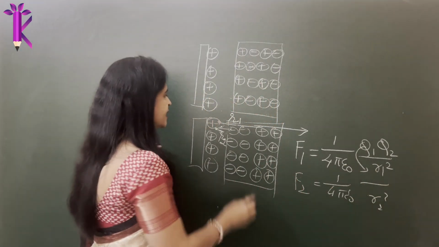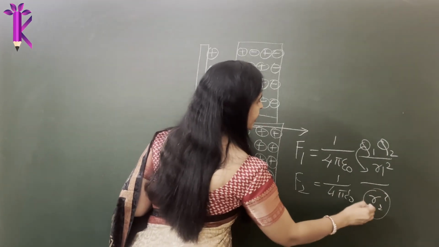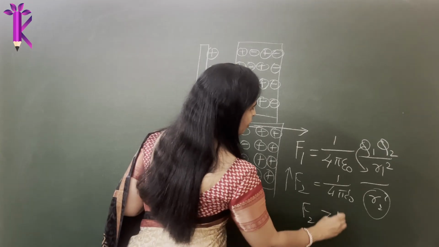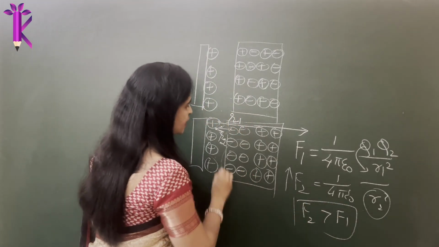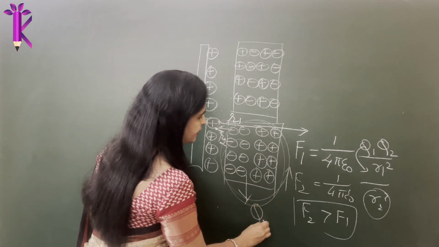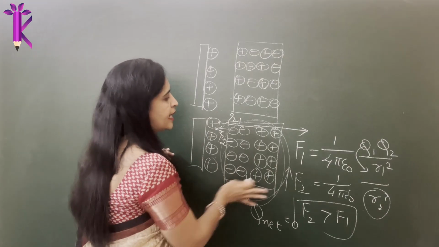Now, since the distance is small, this value will be greater. F2 will be greater than F1, the repulsive force. But then you see that they have an equal number of charges, so they're literally not experiencing any force. When you calculate, the net charge on the entire system is 0.